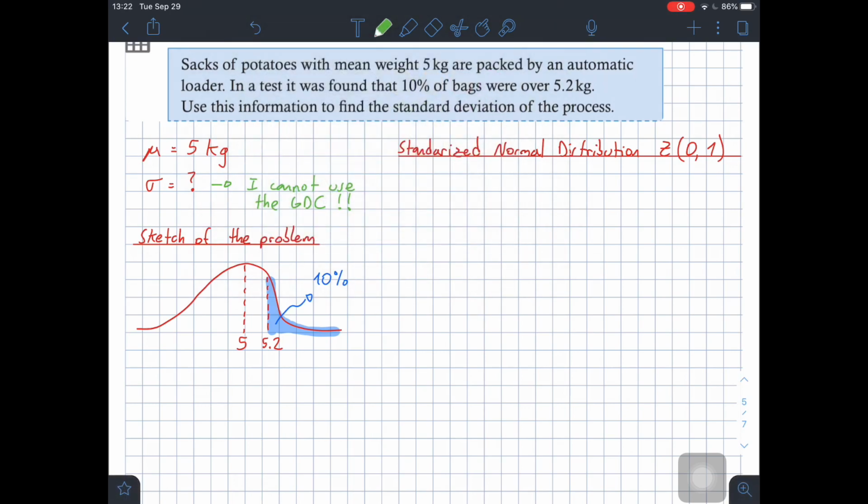Why can we do that? Because, if you remember from the first electronic assignment on normal distribution, one of the characteristics of normal distribution curves is that all of the curves have the same shape and characteristics.